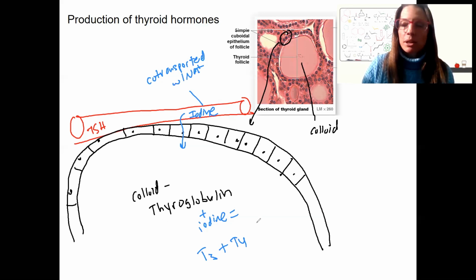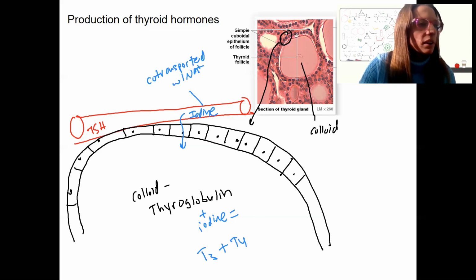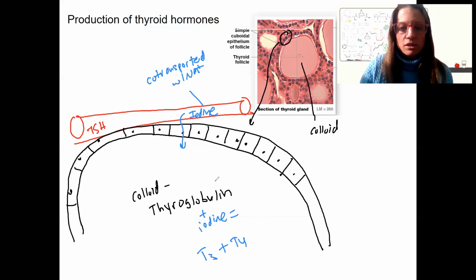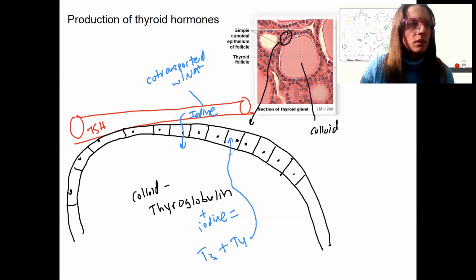This happens in the colloid, and then the last steps of it actually happen in vesicles as these are going back out again. So these are going to be taken back up into the follicular cell here by, I guess we would call it, vesicular transport.